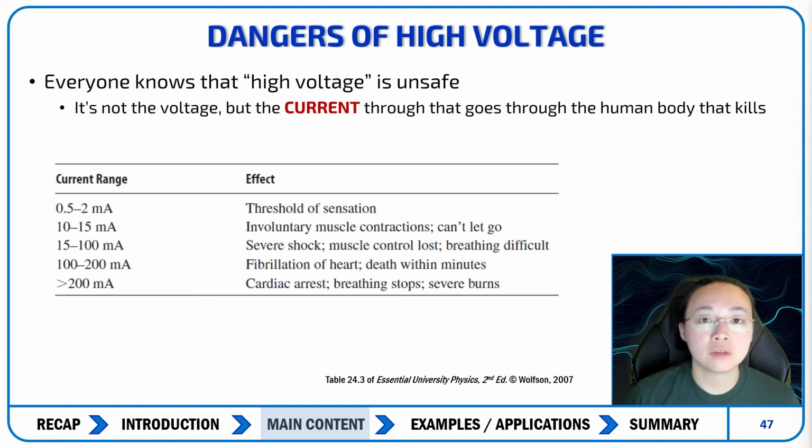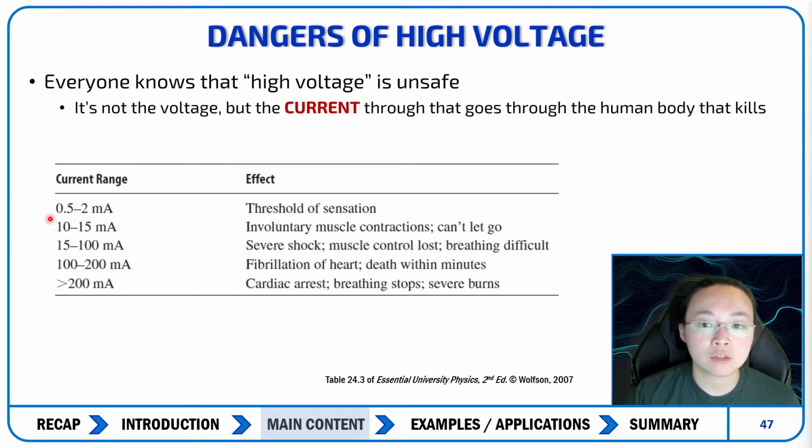Now, let's take a look at what happens if you have high voltage. Everyone knows that high voltage is probably unsafe, but we should probably figure out why. It's actually not the voltage itself, but the current that goes through the human body that can kill us. Depending on what kind of current you have, it could be very dangerous.